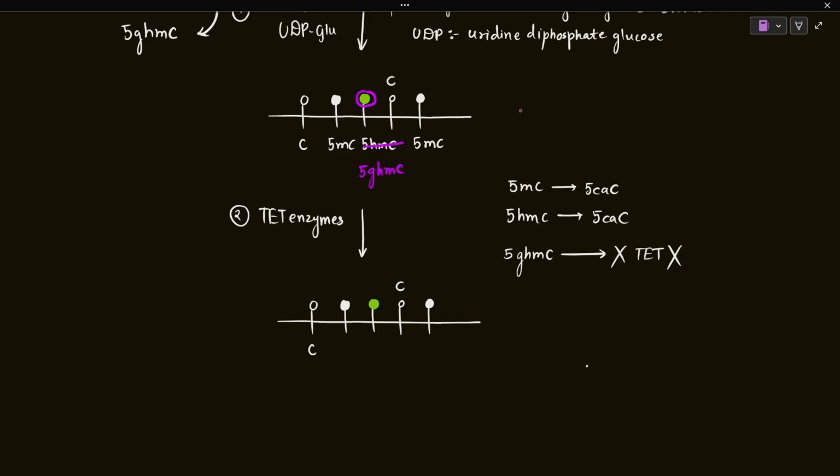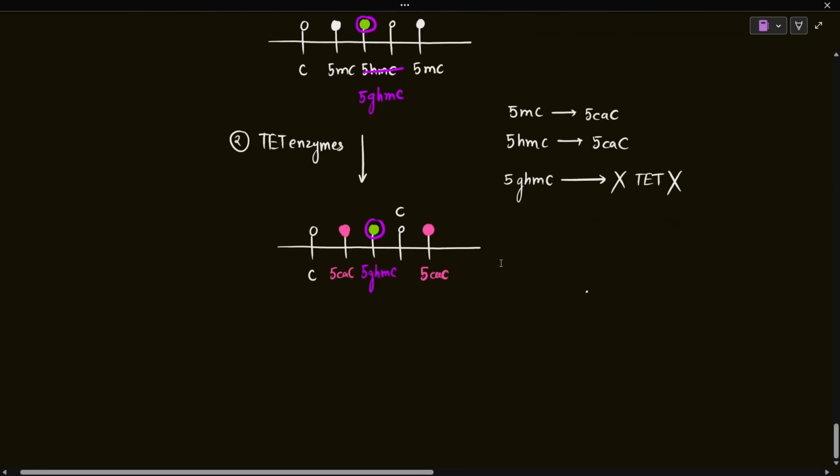This was protected, this is 5-glucosyl hydroxymethyl cytosine, so this stays as it is. The cytosines stay as they are, but 5-methyl cytosines get converted into 5-carboxyl cytosines. Those pink ones are 5-carboxyl cytosine. Okay, so this will be the result.